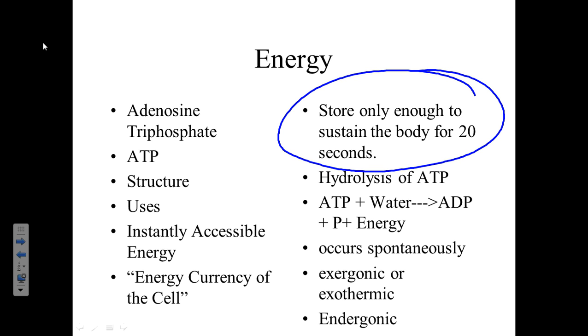If we go down a little bit further here, we're talking about the hydrolysis of ATP. Arguably the most important chemical reaction in your body. What's hydrolysis mean? Break it down using the help of water, right? Using water to break things down. Why would we want to break down ATP? That's how we get the energy out, right? What do we need to take off of an ATP to get the energy?